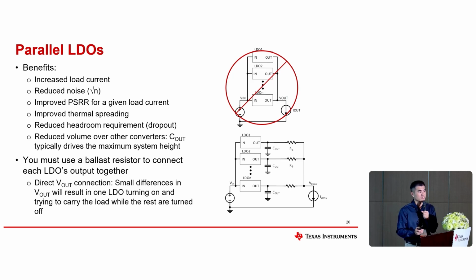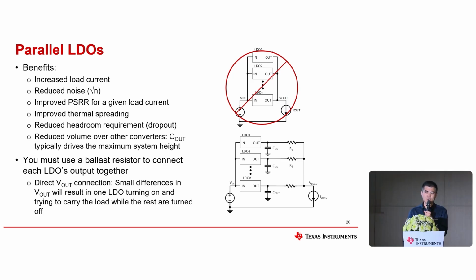But you cannot just parallel LDOs directly. For every power supply, including the LDO, the IC also has variation, so the output voltage is not exactly the same, given the accuracy. In this case, if one LDO has a very high output voltage, it will take more current through this path.